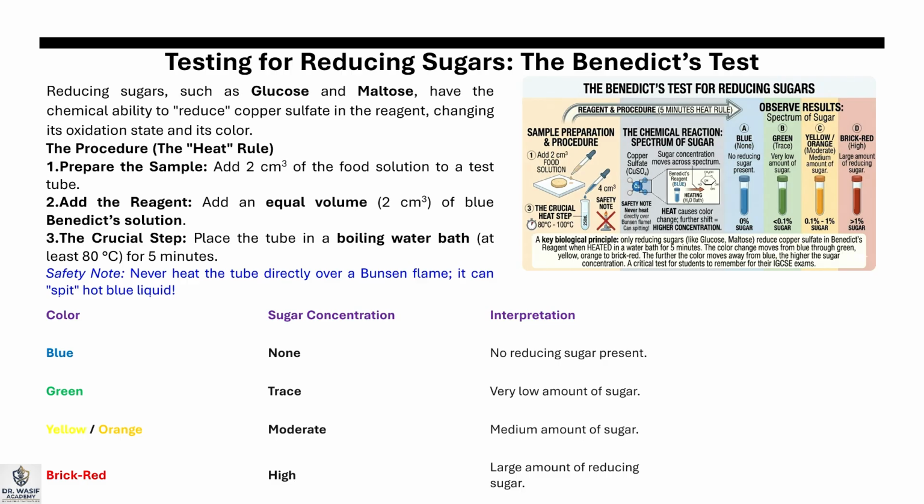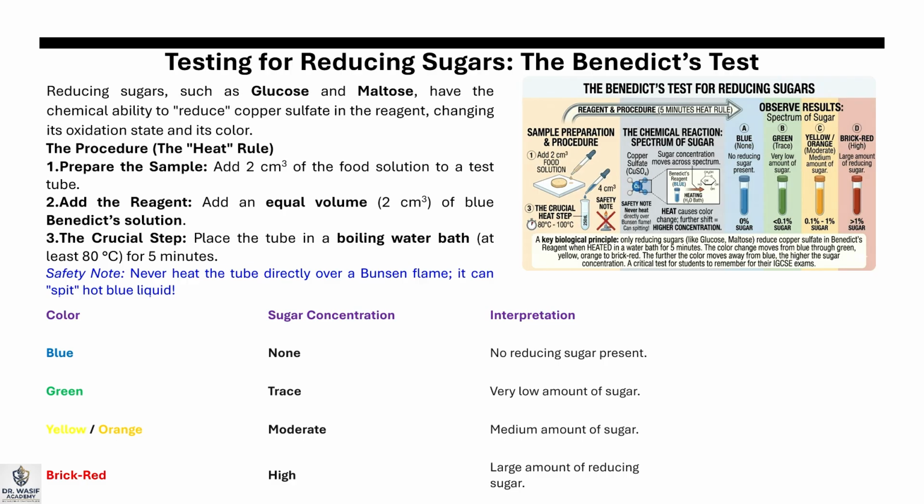Unlike the iodine test, this test would not work at room temperature. You must add an equal volume of blue Benedict's solution to your sample and then place it in a boiling water bath at least 80 degrees Celsius for 5 minutes.